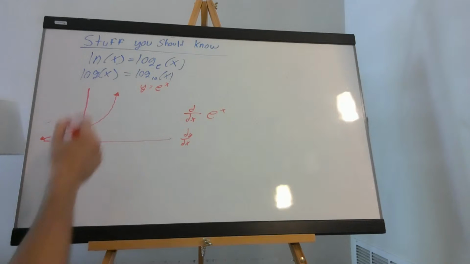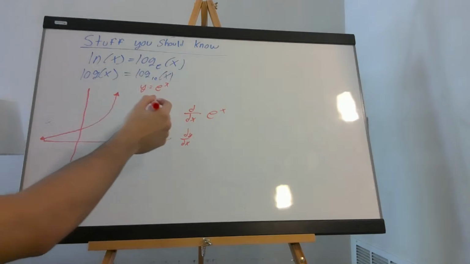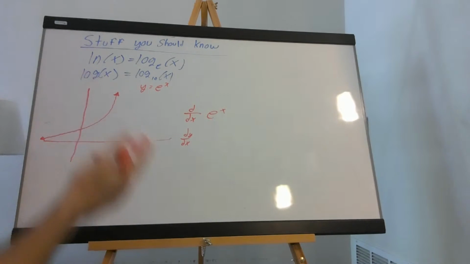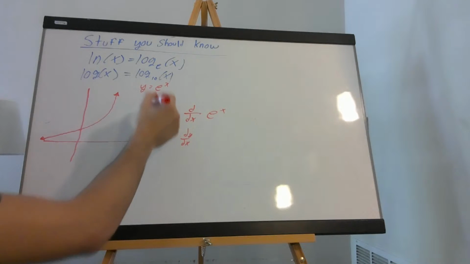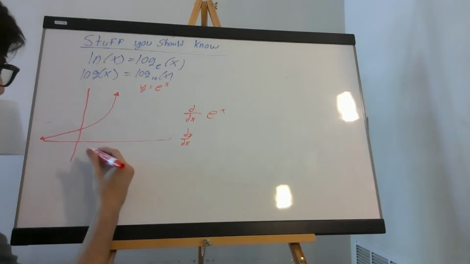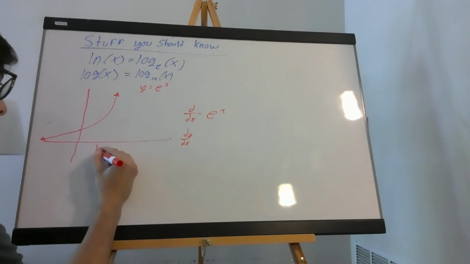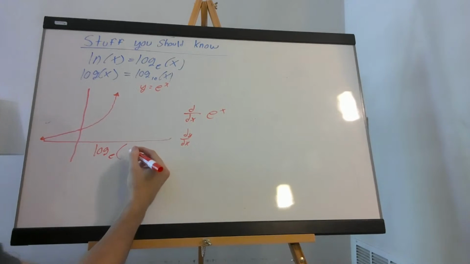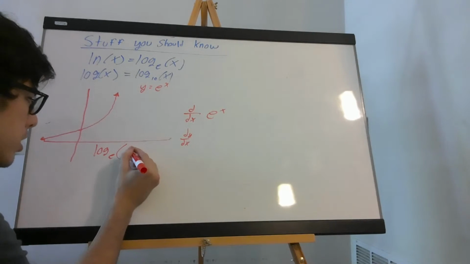So the reason I even drew out this exponential function here is because if you know what an exponential function is, then you also know what a log is. So for example, for the exponential function e to the x, the inverse of this is ln of x. Because what a natural log essentially is, we're saying log base e of, and we'll say 0, because that's a really easy one to work with.